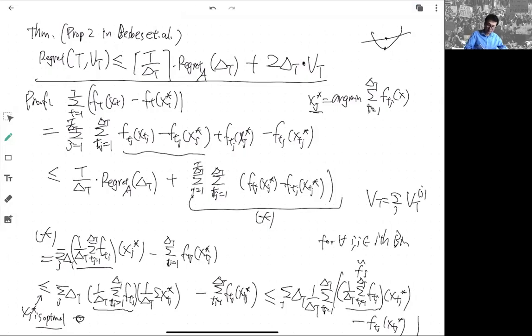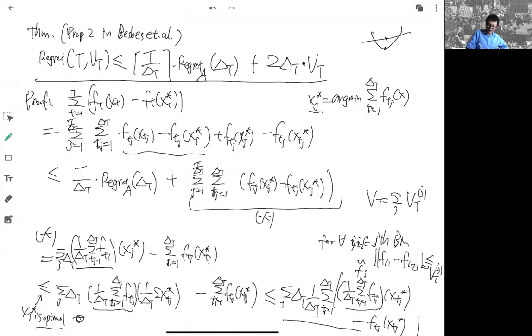So within the j-th chunk, if you pick any i1 and i2, then f_{i1} minus f_{i2} in L infinity norm needs to be smaller than V_{t_j}.